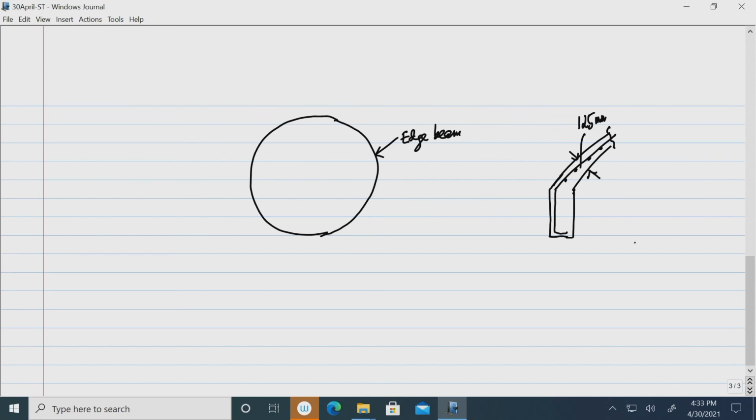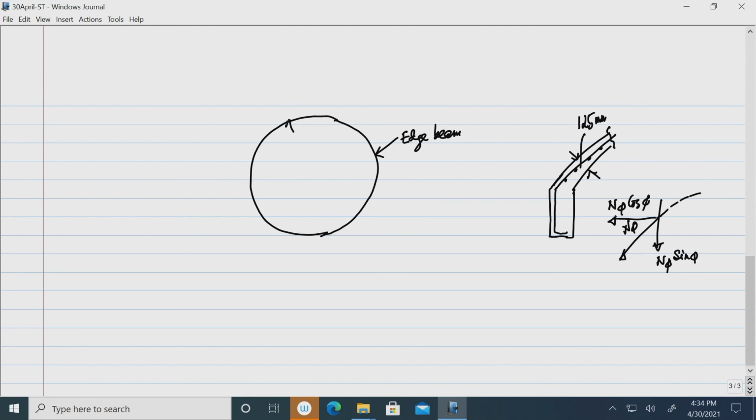Now, you can see the membrane stress n phi at this level of the shell has two components, one is n phi sin phi, and the other component, that is the horizontal component, is n phi cos phi.